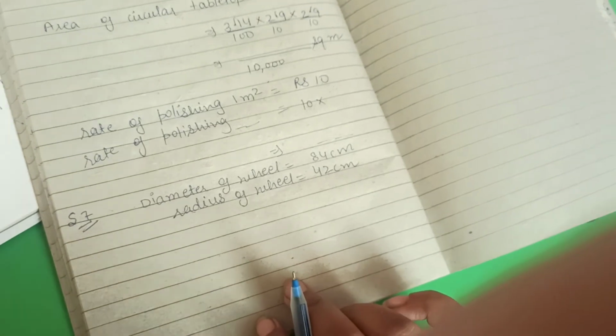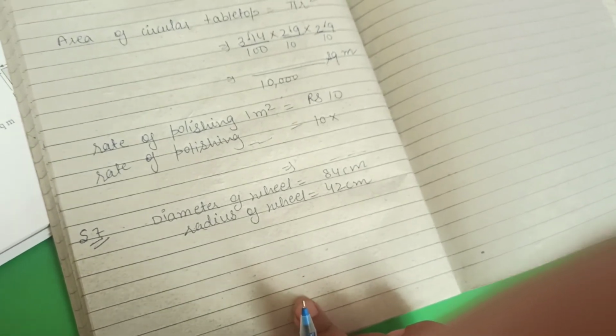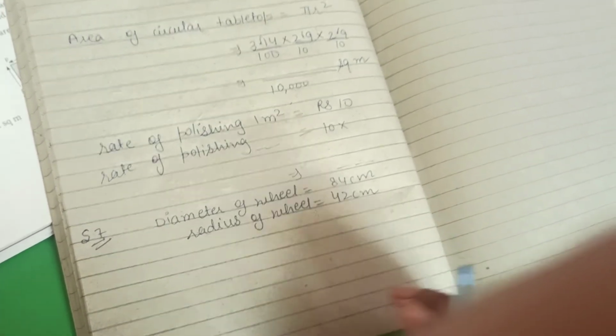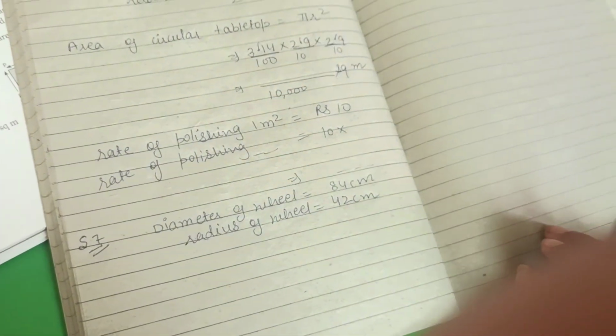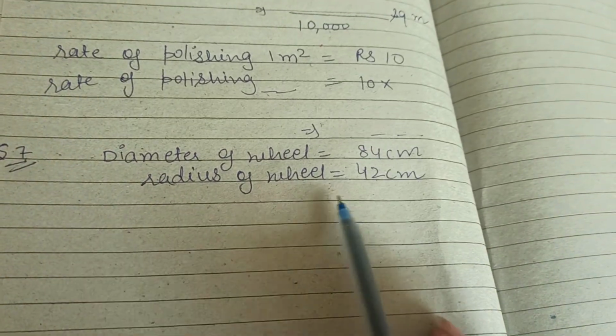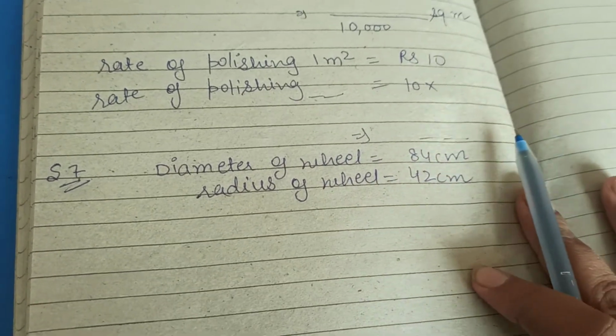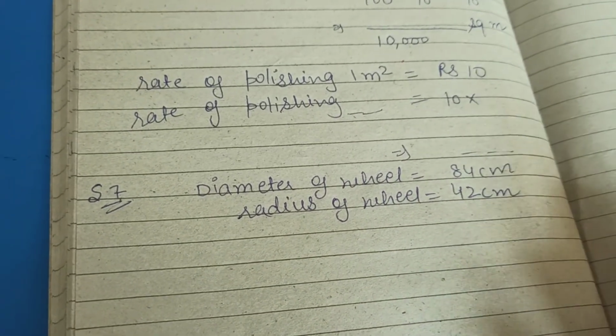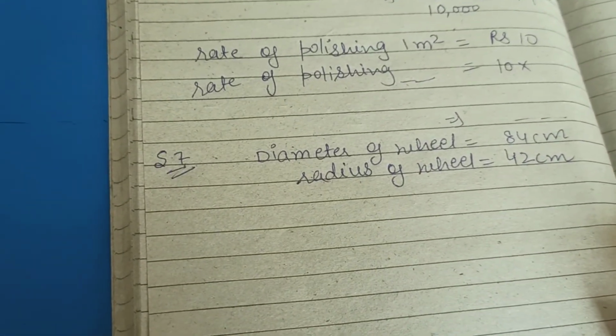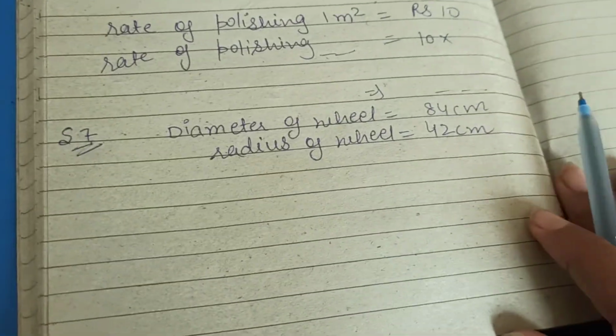Find the number of revolutions it makes to travel 66 kilometer. So again, firstly, the radius of the wheel is 42 centimeter.